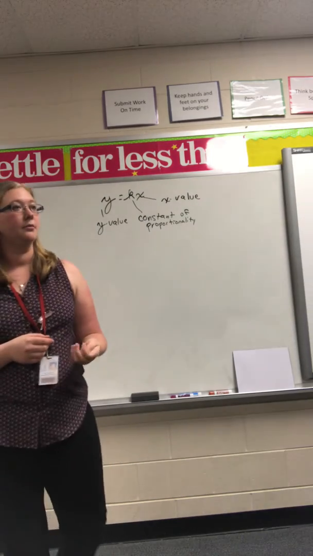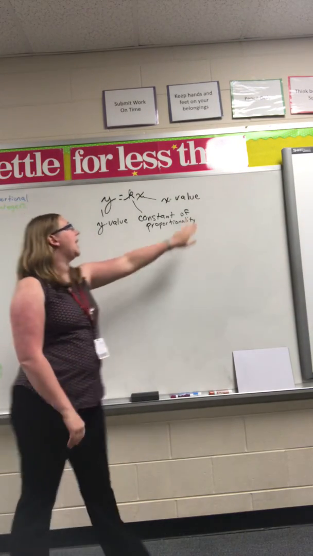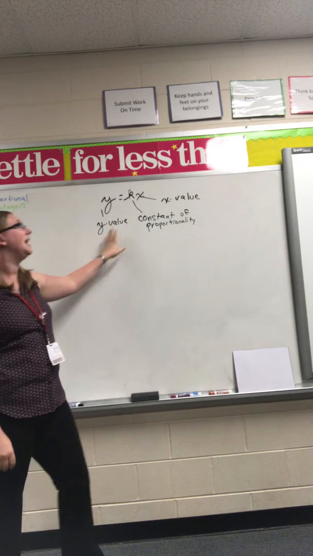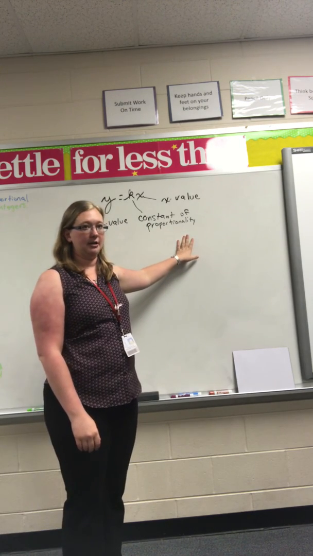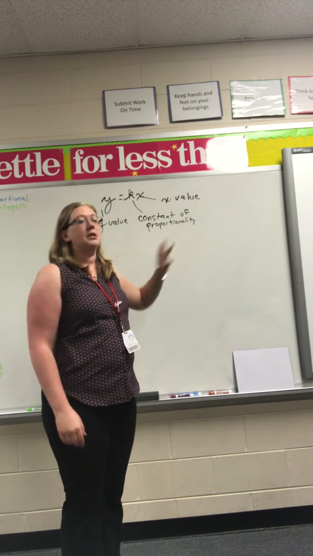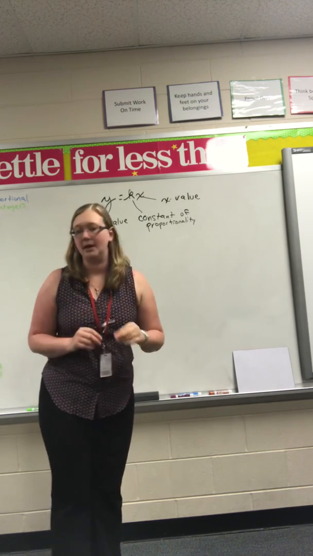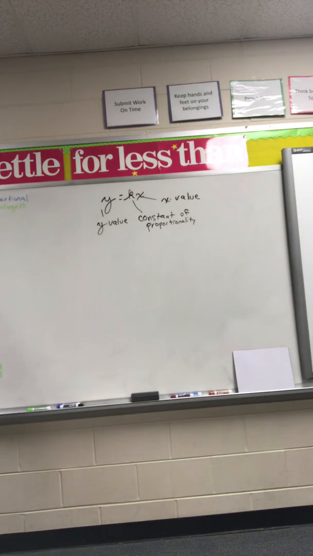Or we will be given x values and y values, and we will be asked to find the constant of proportionality. So it works both ways. Let's look in our book.